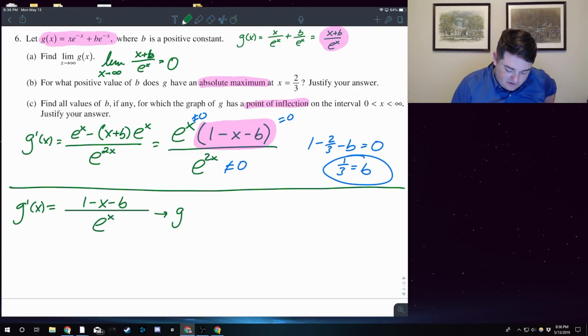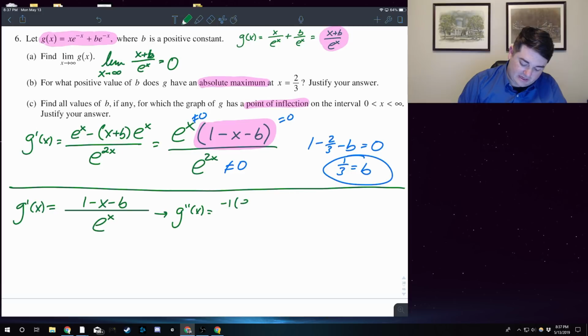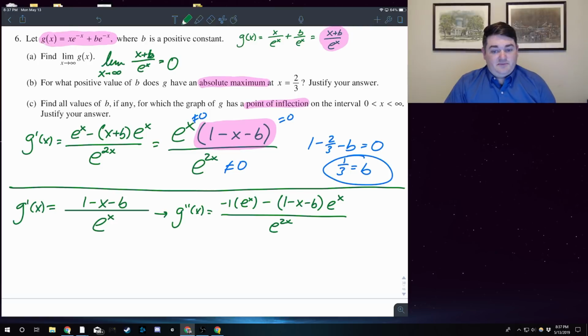So g double prime would be the derivative of the top, which is negative 1, times the bottom, e to the x, minus the top, 1 minus x minus b, times the derivative of the bottom, e to the x, over e to the x squared, so e to the 2x. And again, just like I did in part B, I'm going to factor out an e to the x on top.